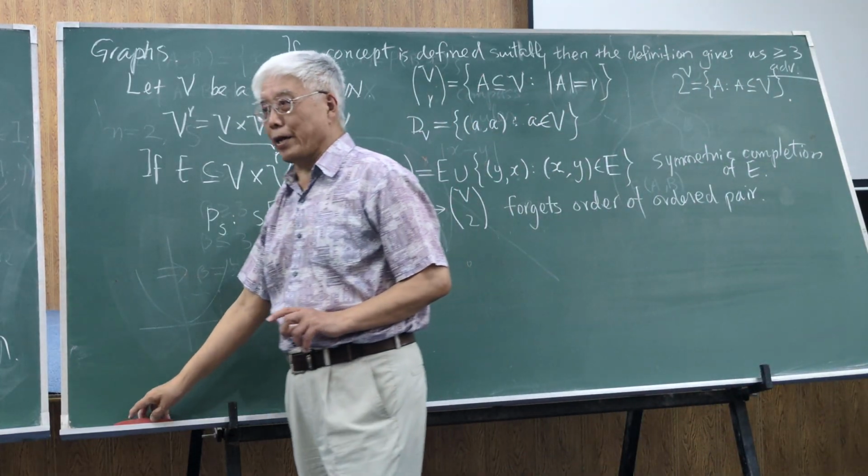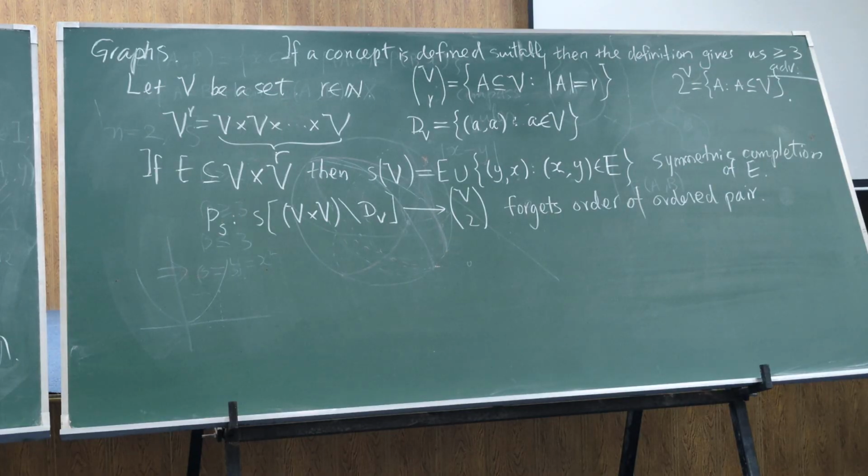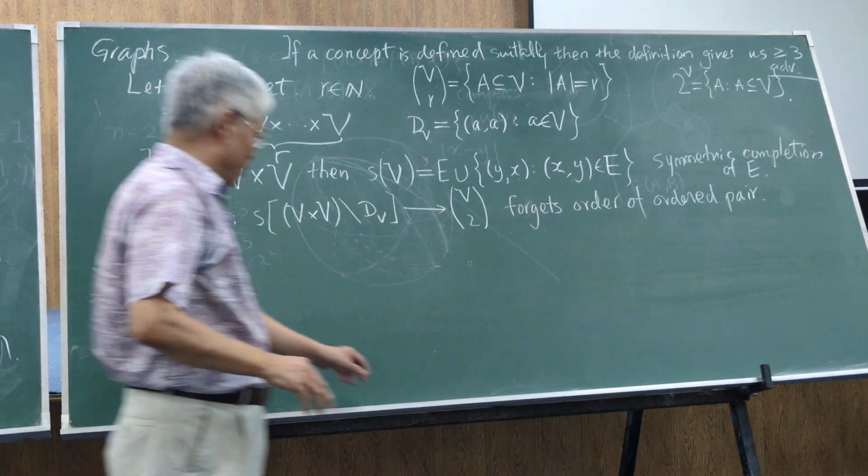Only if that is done, then we see the advantage of this definition. Where is my definition? It's gone. So let me write it somewhere high, so that we don't forget.